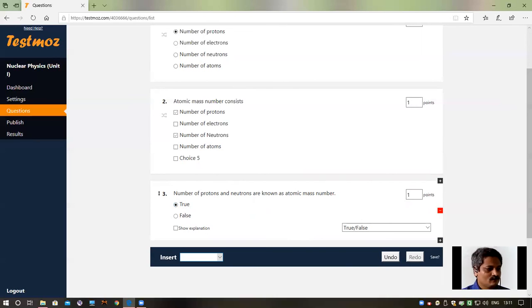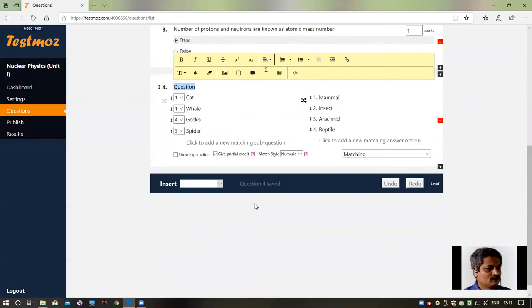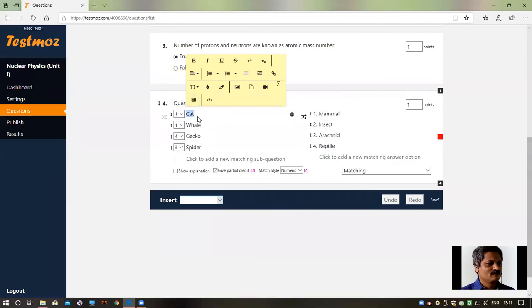Now we go to matching. In this question, the first column consists of the names of the elements and the second column contains their atomic numbers. First we suppose helium, type here.